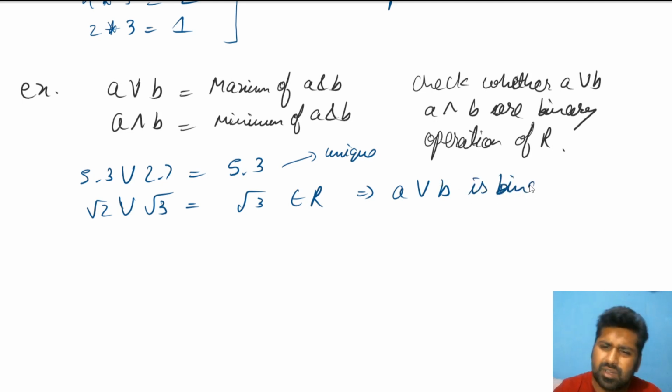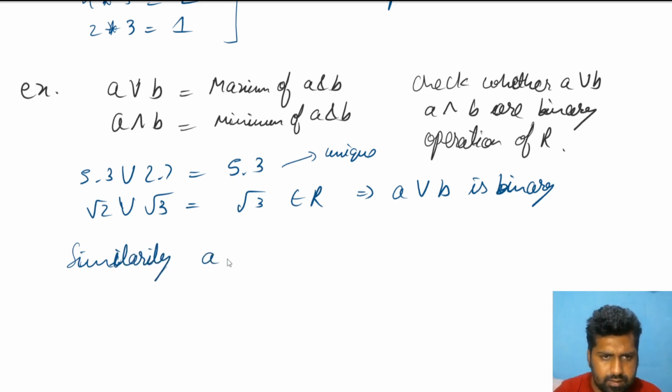And similarly you can check the minimum function. I'm not solving that now, pretty much you can understand after this. Similarly, the minimum of A and B is also a binary operation.